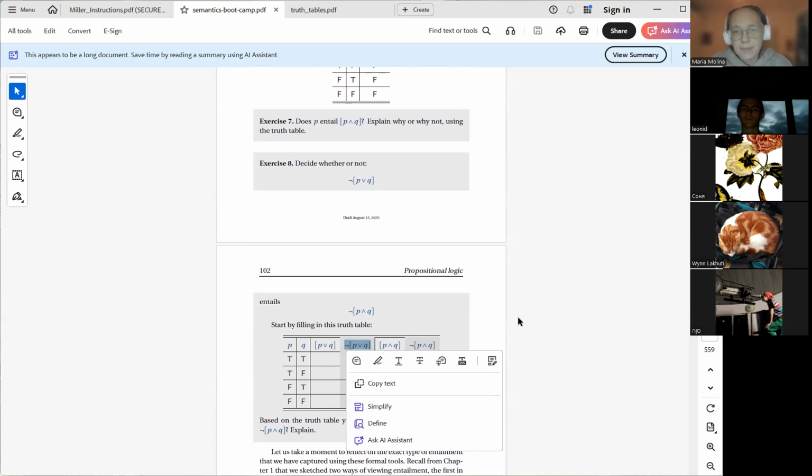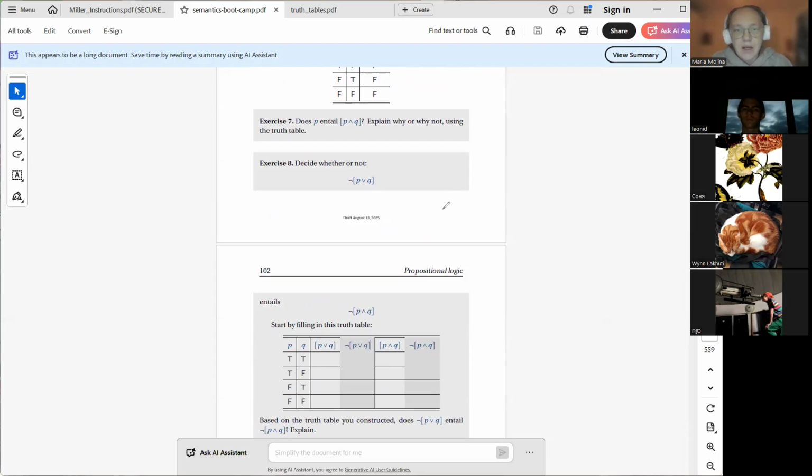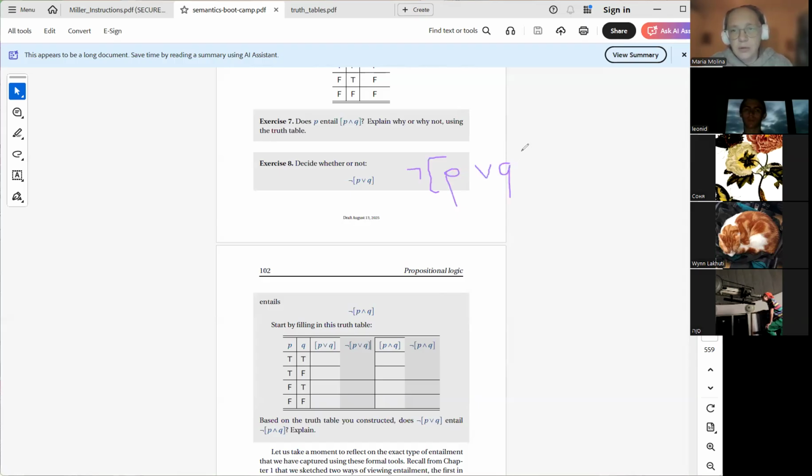So the thing is, negation of P or Q is equivalent to negation of P and not or negation of Q. So in terms of raining and windy: P is it's raining, Q is it's windy, P or Q is it's either raining or windy.